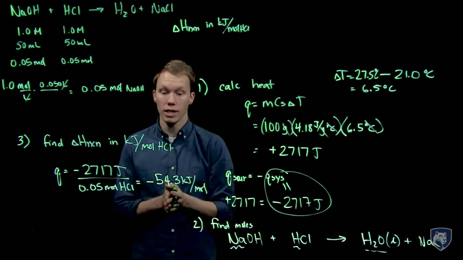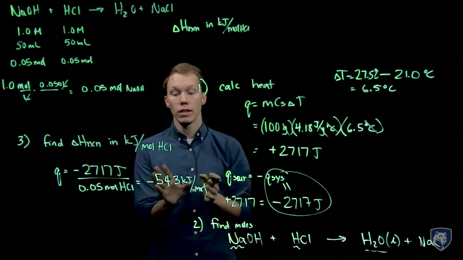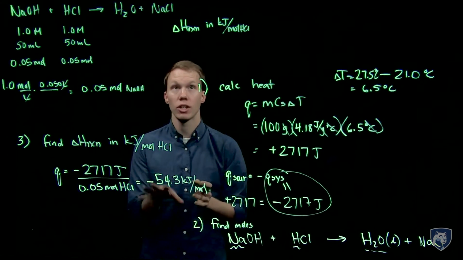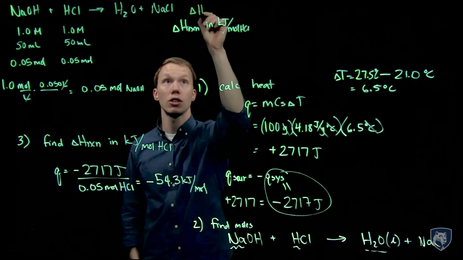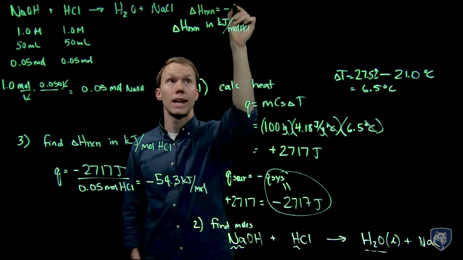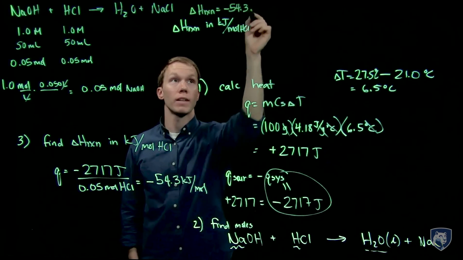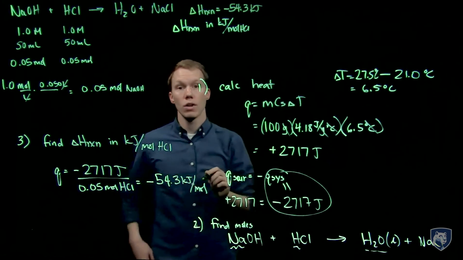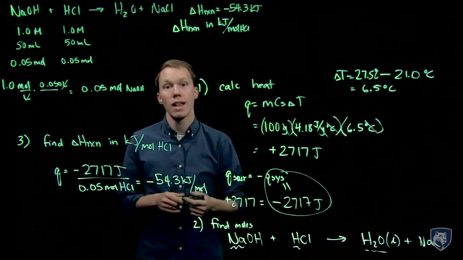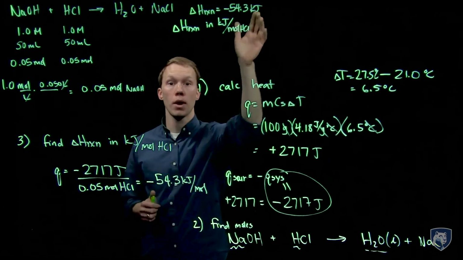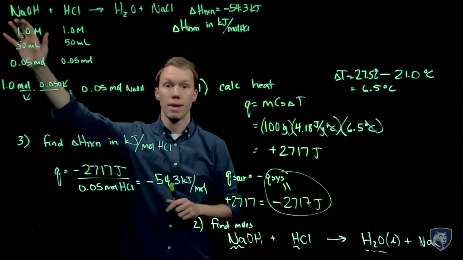Now, there is a convention here where we typically will write the heat of reaction next to the balanced chemical equation and say, well, delta H of the reaction is minus 54.3 kilojoules. And so we're missing that mole unit. So it's implied that this is kilojoules per some number of moles in the balanced chemical reaction.